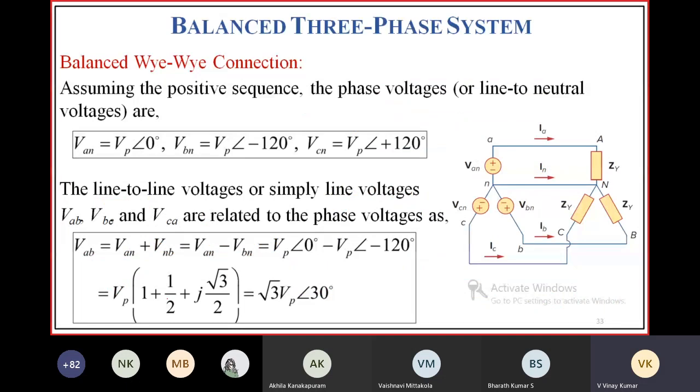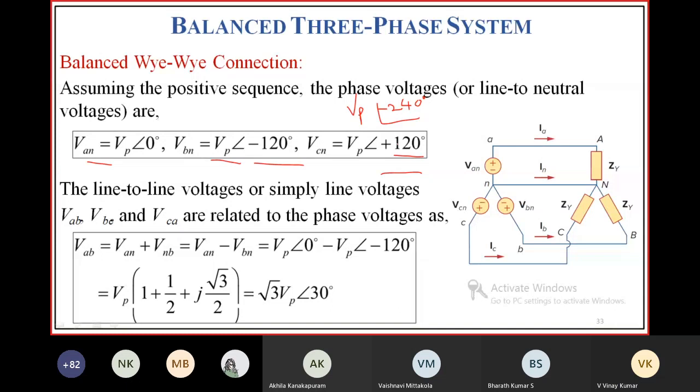You know, right? All phase voltages are equal in magnitude but displaced by an angle of 120 degrees. So this is Vp at an angle 0 degrees, this is Vp at an angle minus 120 degrees, and this is Vp at an angle minus 240 degrees, which is equal to Vp at an angle plus 120 degrees.